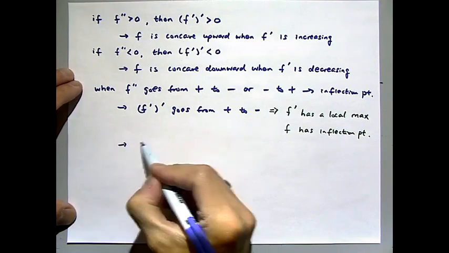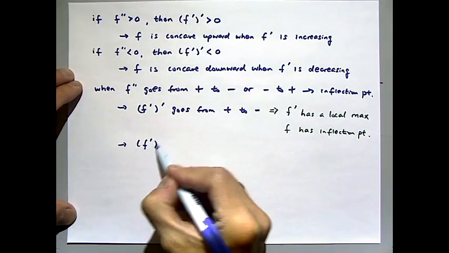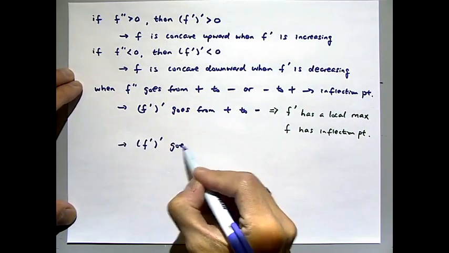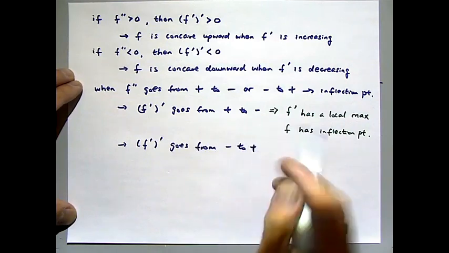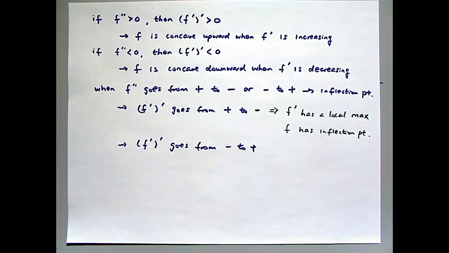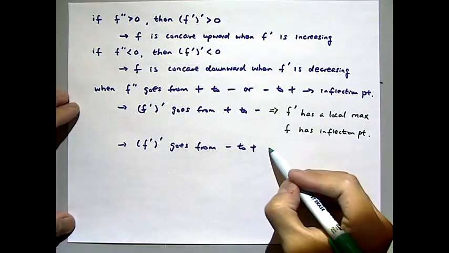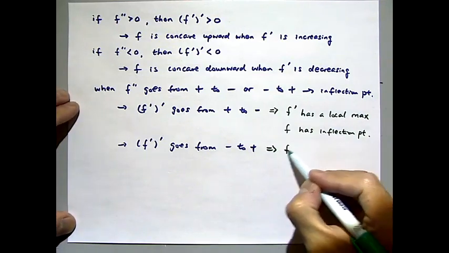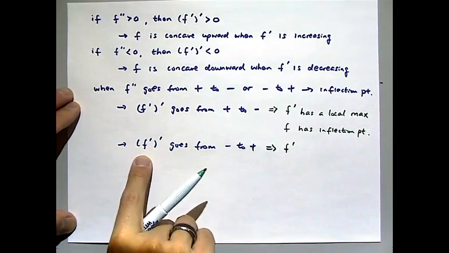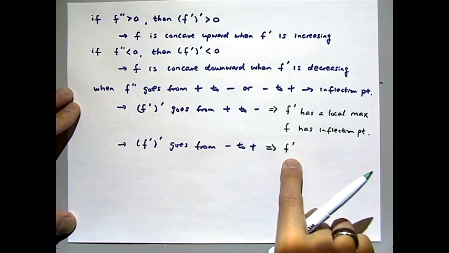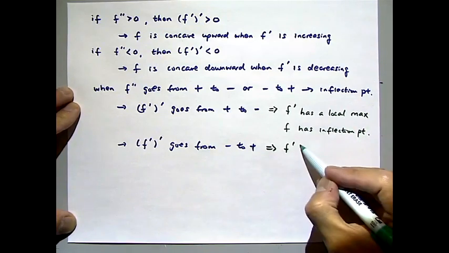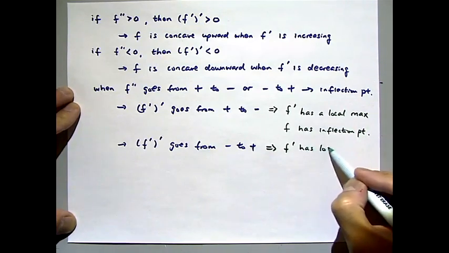Same thing here. If f prime prime goes from negative to positive, then what this means is that f prime was decreasing before, increasing after. So f prime has a local minimum.